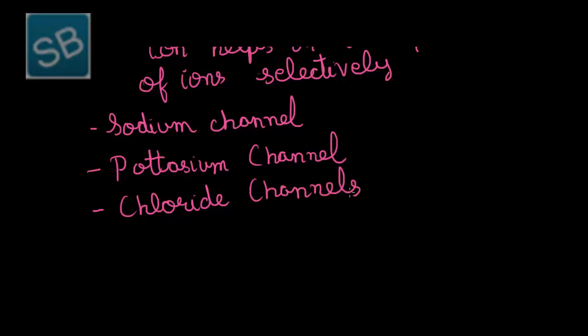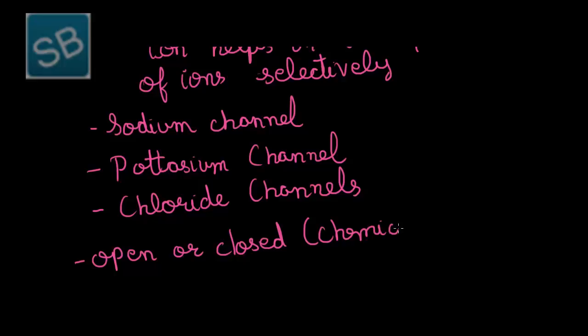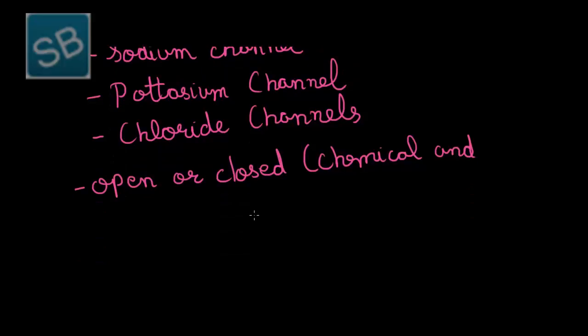These channels in their function can be either open or closed, for which chemical and electrical charges are responsible. That is, these charges help in the transportation of ions selectively.